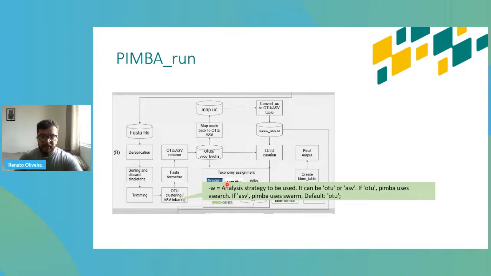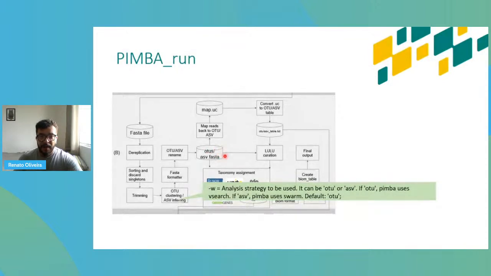For that, you need to define if you want to perform OTU or ASV with this parameter. And once you set this parameter, we will have the FASTA file with the OTUs or the ASVs.